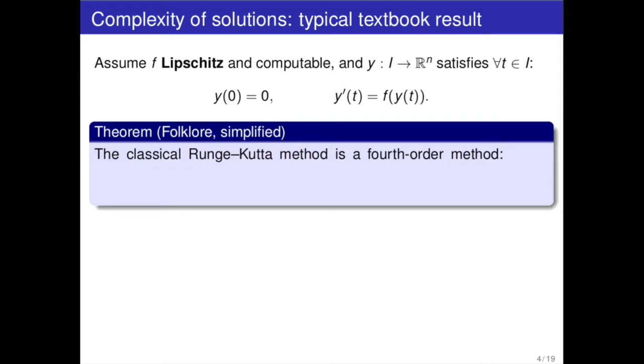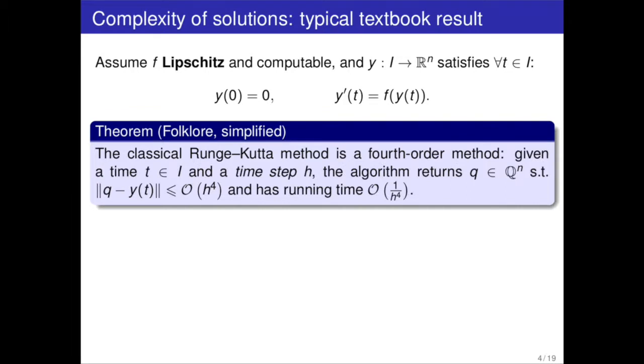For example, you would read this theorem. It would say, here's a method called the Runge-Kutta method. So you would have some code, and it's actually quite simple to implement. It would say this method has order 4. What would that mean?